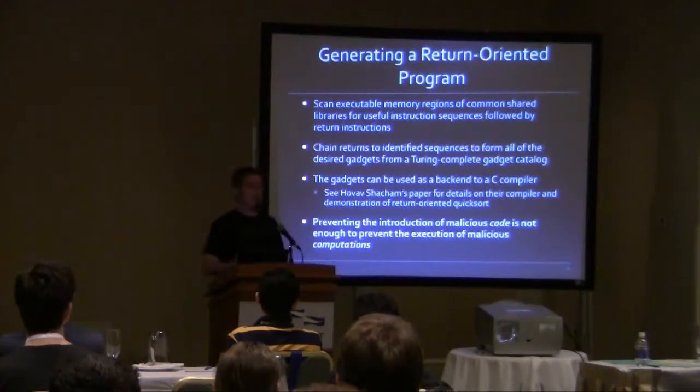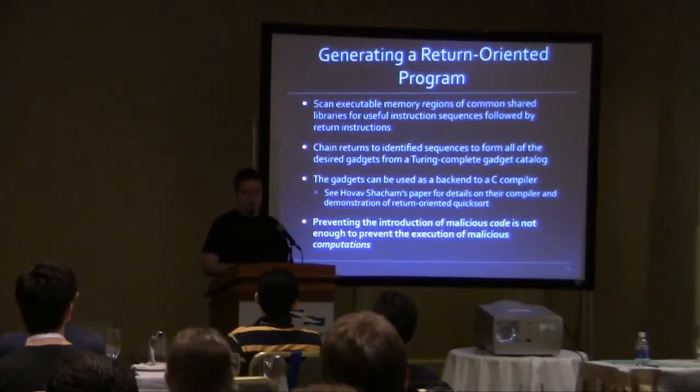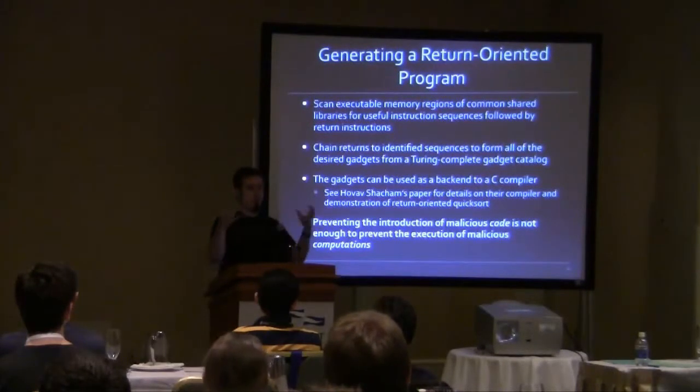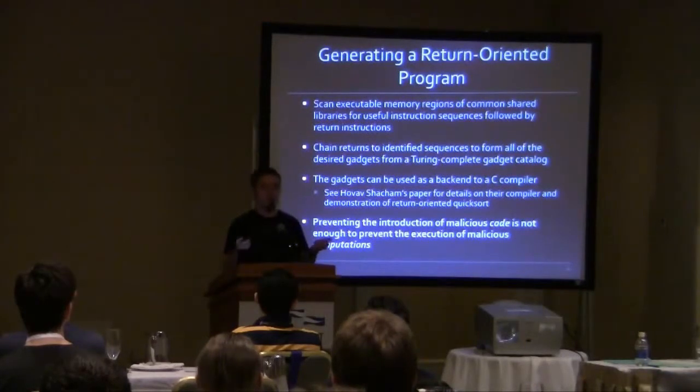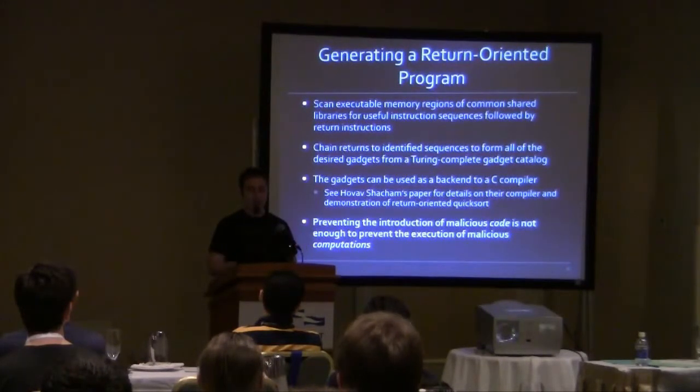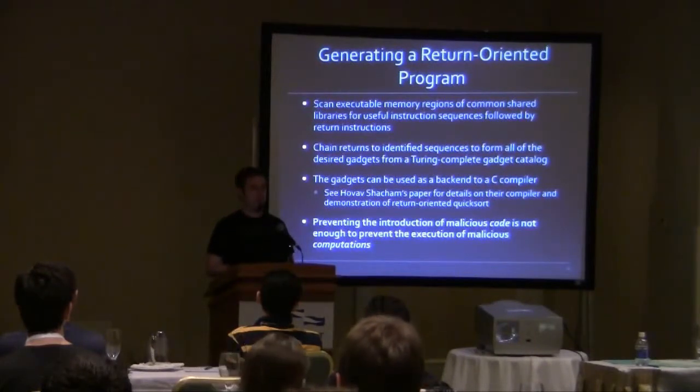So you take these gadgets and you build what's called a return-oriented program. You do this by scanning all of available memory for useful instruction sequences, and you combine them into gadgets. And if you found enough gadgets to form what Hovav Shacham calls a gadget catalog, the core operations you need to have a Turing-complete language, you're done. Basically, you can use this as the backend for a C compiler.